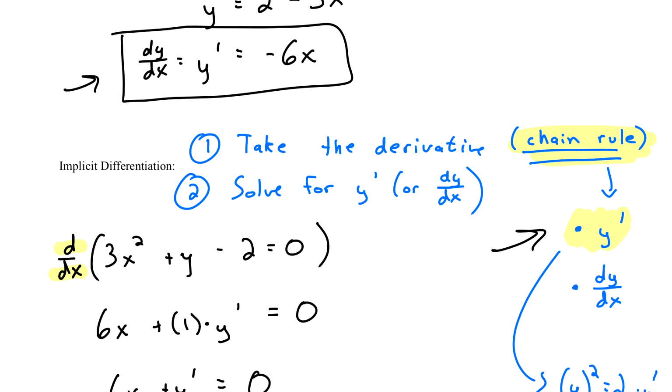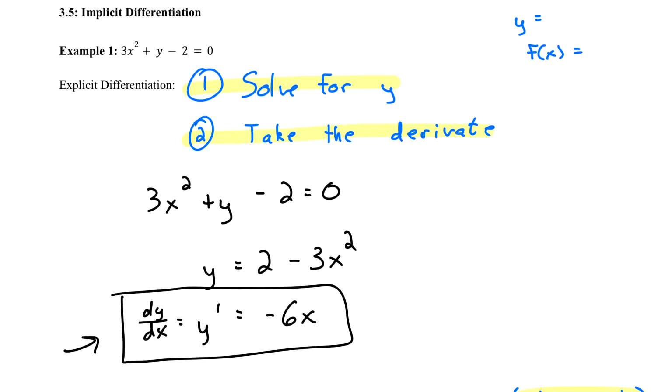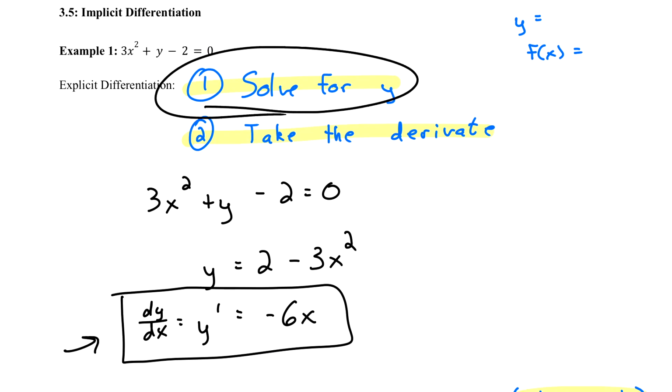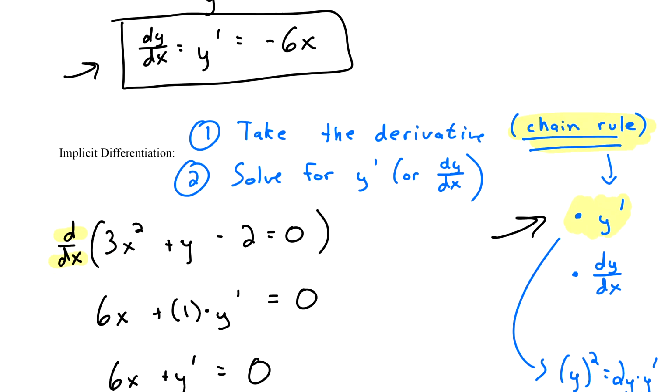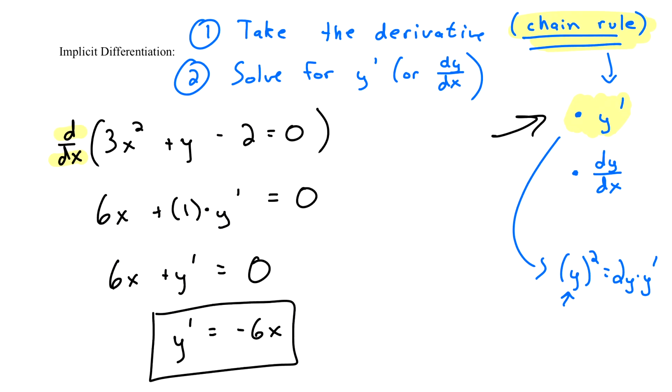But there are some situations where, if you look at this first step, when we say solve for y, that is going to be either very difficult or in some cases impossible. In which case, if we want to do our cool calculus stuff, implicit differentiation is going to be the only way that we can find a derivative of those types of functions. So it is very, very helpful in those situations.